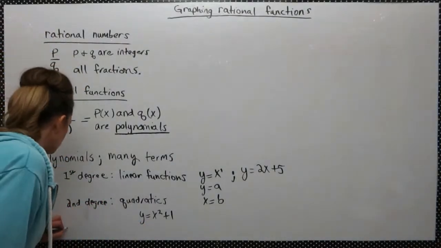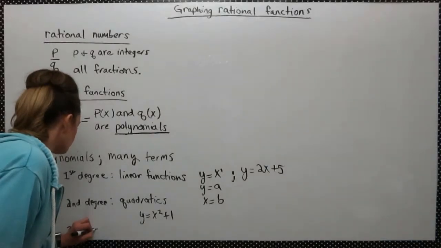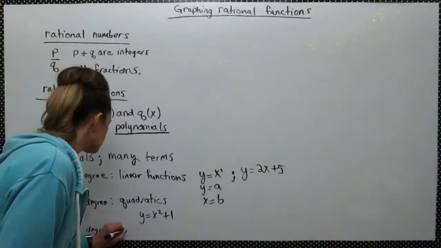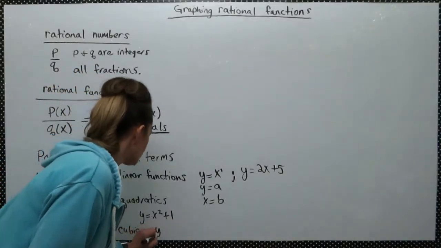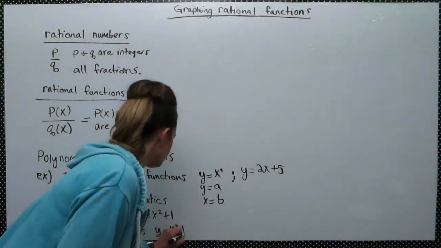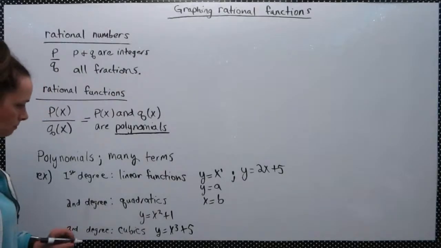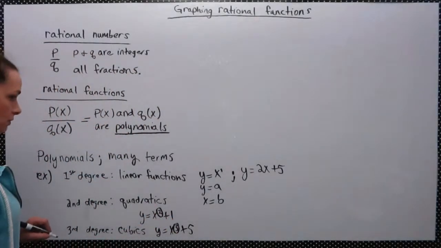The third degree, as expected in the pattern, would be your cubics, where you'll have a third degree term, x to the third plus 5. And again, you're looking at the degree of your exponent here.